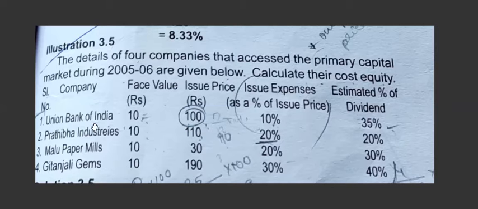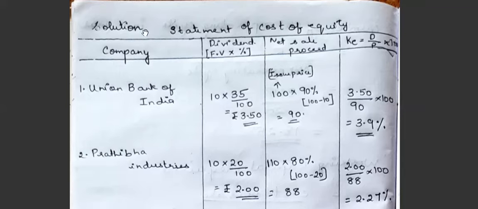Now I'll go for the problem solution. Dividend will be calculated on face value: FV into percentage of dividend. Net sale proceeds you have to calculate, then Ke is equal to D divided by P into 100.